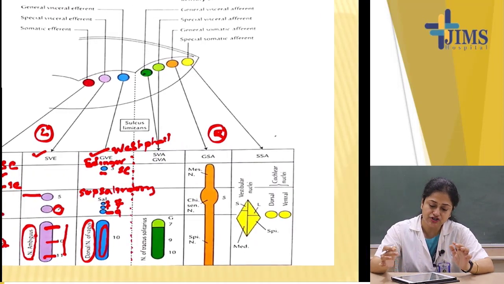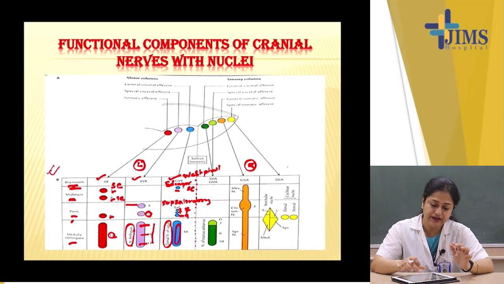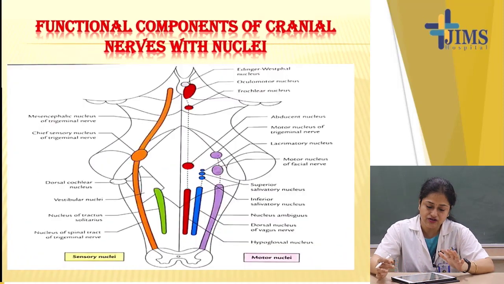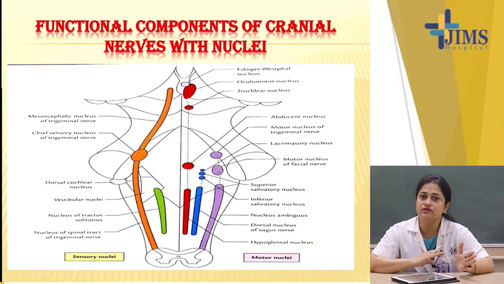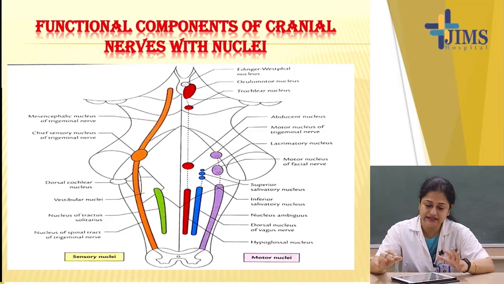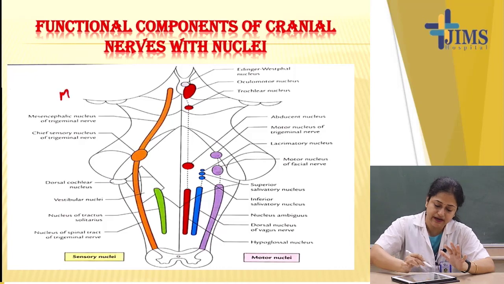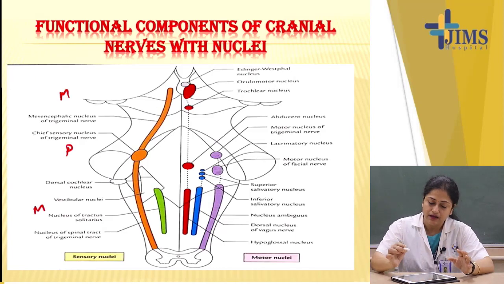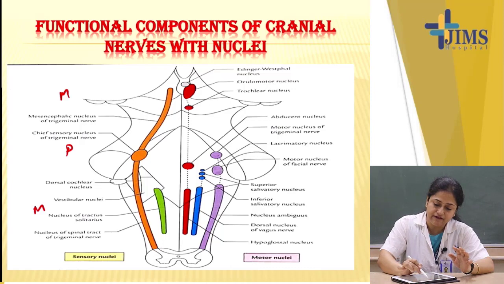So, let us see the position in the picture actually. What you saw earlier was the cross section in the schematic diagram. This is actually the picture of the midbrain, pons and medulla. This is the midbrain, this portion is the pons and the lower part is the medulla. The red one that you can see just by the side of the sulcus limitans is the somatic efferent. You can see the oculomotor nerve nucleus at the level of the superior colliculus.